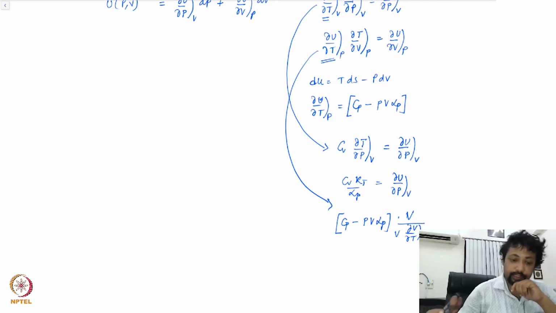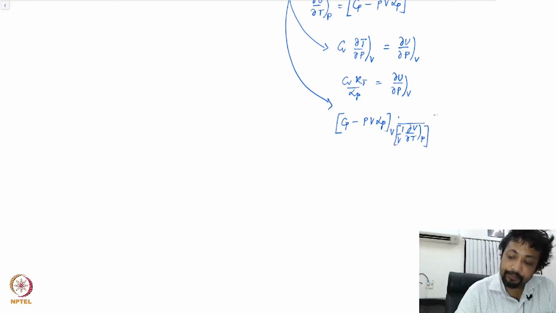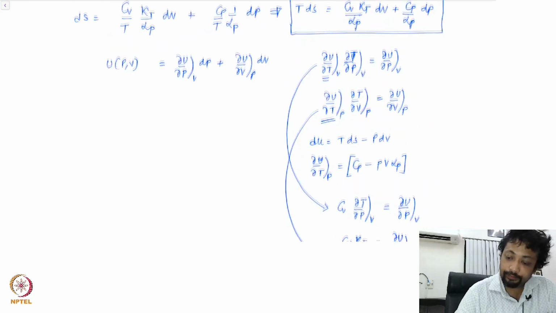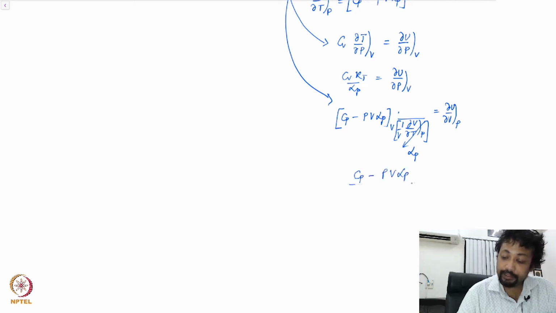So let's recast this slightly so that it is easier to manipulate. This is 1/V times ∂U/∂V at constant pressure. This you know is alpha P. So Cp minus PV alpha P divided by V alpha P is ∂U/∂V at constant pressure.